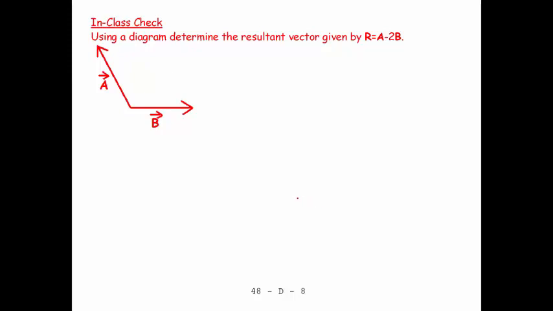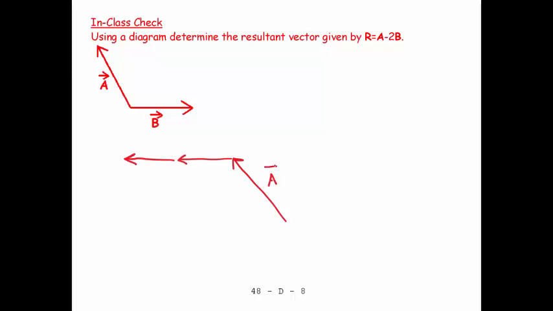So let's have a look at this question. Using a diagram, determine the resultant vector of A minus 2b. So let's draw A, and then rather than adding on B, we're going to add on minus B. So there's one minus B added on, and here's another minus B added on.